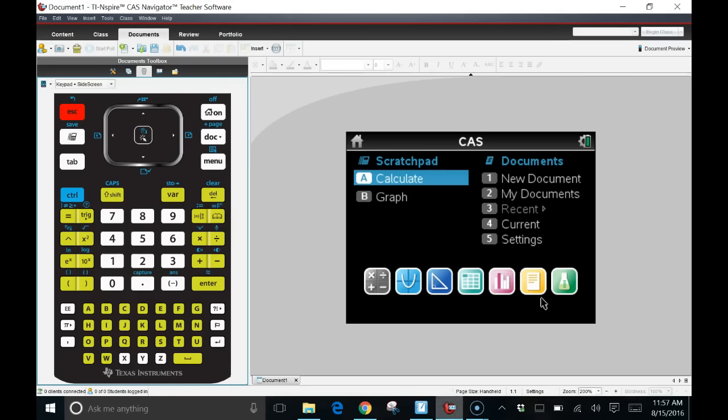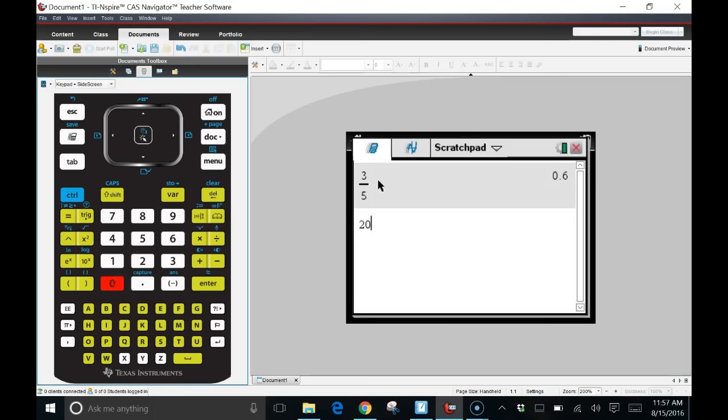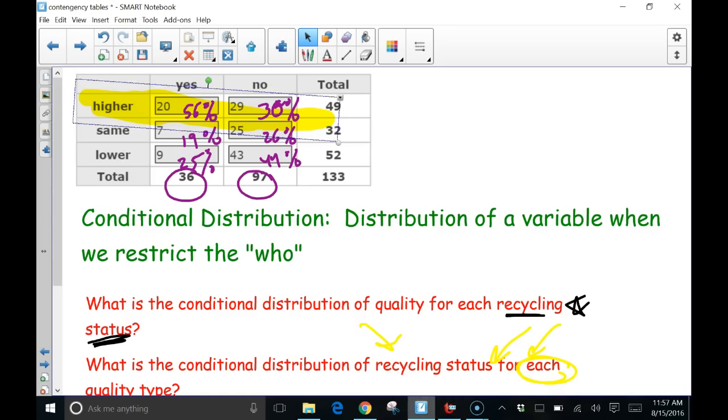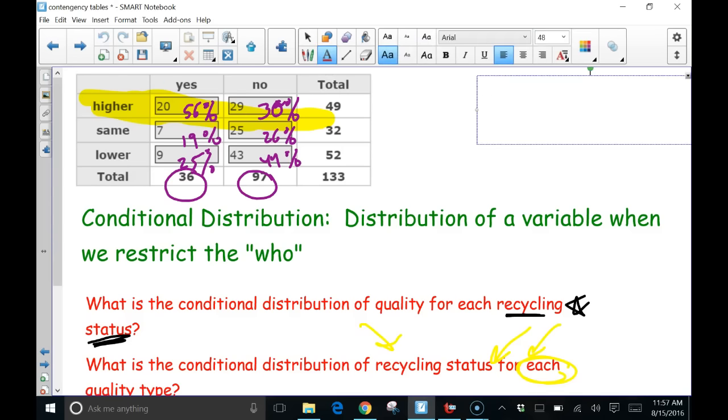And if I go to my handy dandy calculator, 20 out of 49 is about 41%, which means that the yes would be 41%, which means if I went across, the no would be... What would we have to add to that to get to 100? You tell me. So we could have done our distributions sideways.